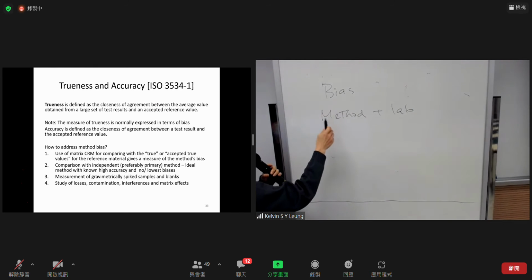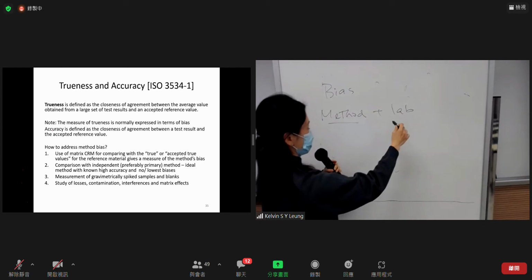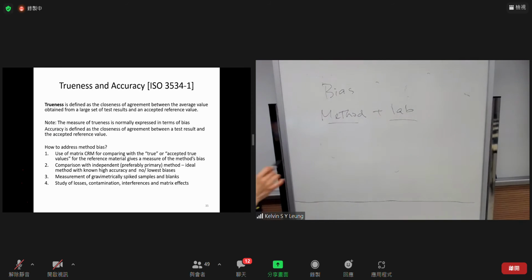So when you consider the bias, you can also look into some of the bias contributed from the method, and some may be due to the laboratory preparations, the work, okay? So it may be contributed from these two items. Okay, so you have to note it when you consider the bias in your method.